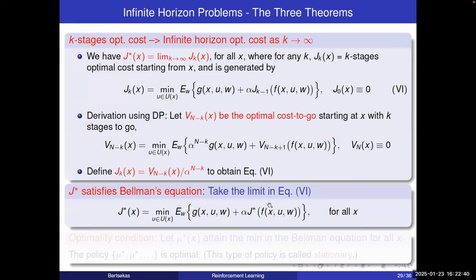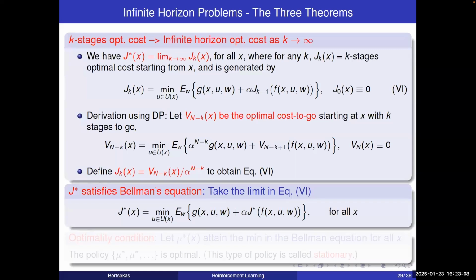As it turned out, this is the most reliable result in a lot of optimal control problems. Other theoretical results may not hold for some problems, but this result almost holds in all cases. There are some exceptions, but we will take it for granted that this result holds. That is, J star satisfies Bellman's equation.